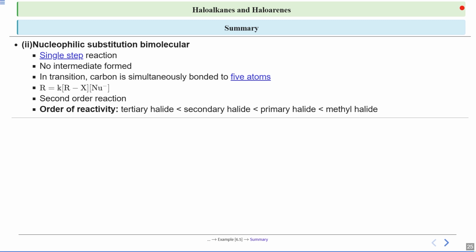If there is any bulky group, the incoming nucleophile will face steric hindrance, which affects the bonding of the nucleophile and the carbon. So methyl halide, which has only hydrogens around the carbon, is the most reactive, then primary halide, then secondary halide, and the least reactive is tertiary halide.